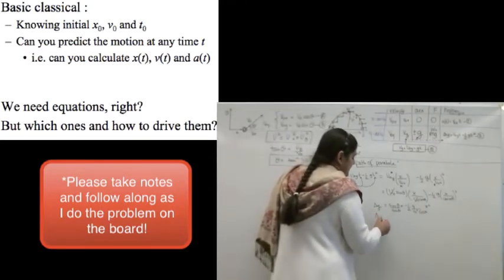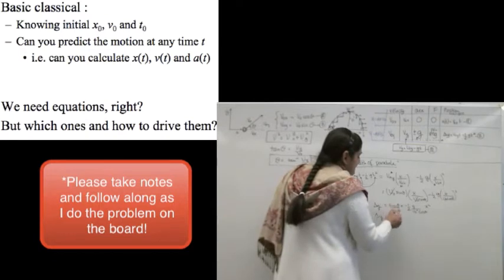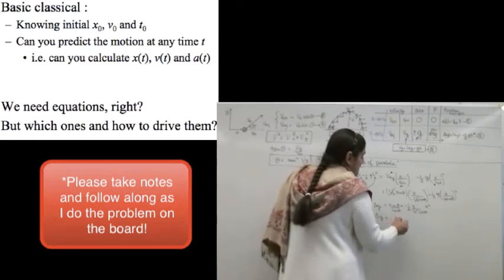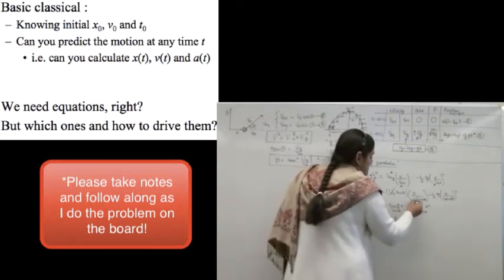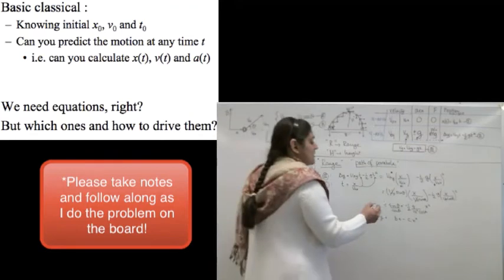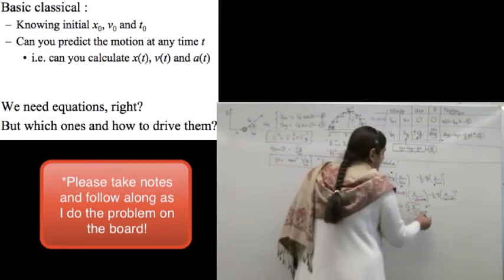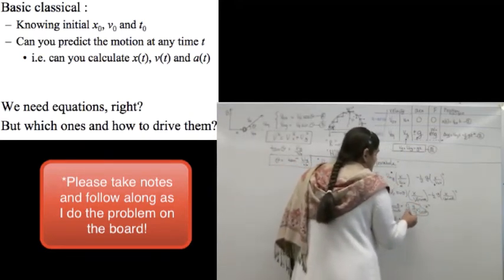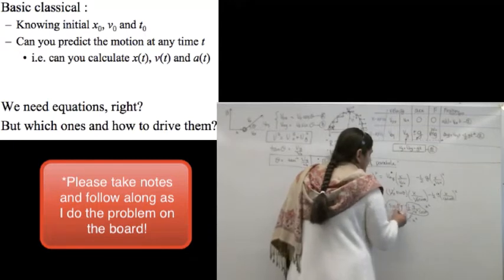So I can call this whole thing tangent theta, or b, x minus this whole thing as c x squared. So I just called this whole thing c and this whole thing b.